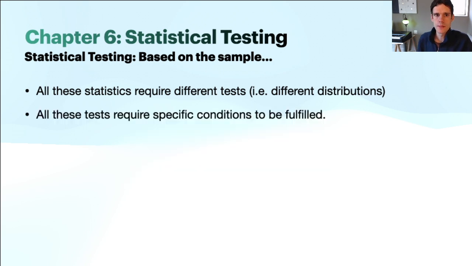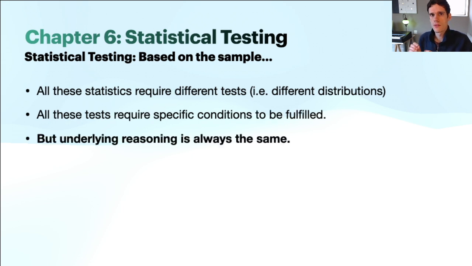Additionally, all of these different statistical tests require different conditions on your dataset to be fulfilled. For instance, some statistical tests might require your population dataset to be a normal distribution.